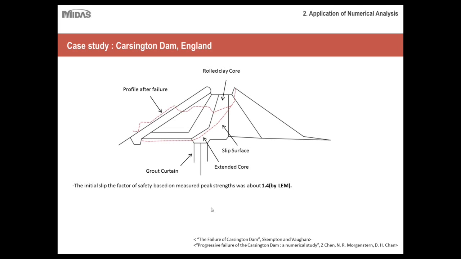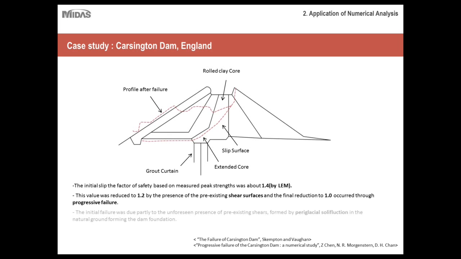The initial slip factor of safety was about 1.4, and this was analyzed through the limit equilibrium method. However, the value was eventually reduced to 1.2 by the presence of pre-existing shear surfaces, and ultimately the factor of safety was reduced to 1.0, and it failed.